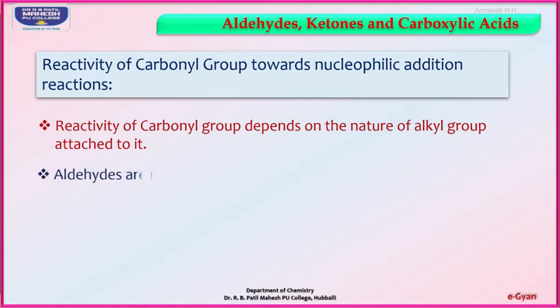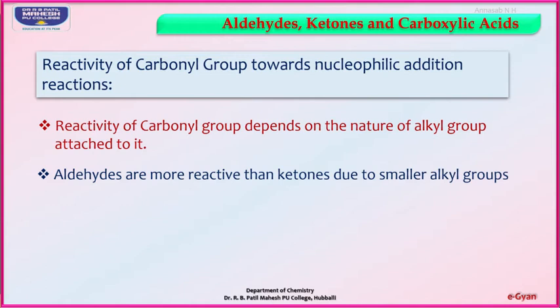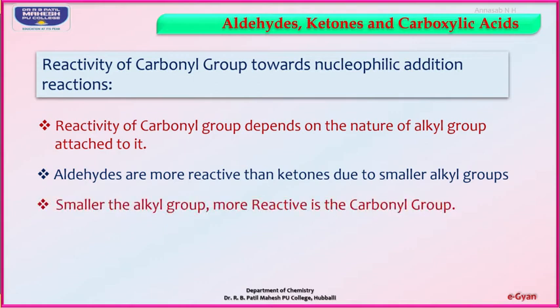So aldehydes are more reactive than ketones due to smaller alkyl group. As the number of alkyl groups attached to the C double bond O group in aldehydes is less, therefore the reactivity will be more for aldehydes compared to ketones. Smaller the alkyl groups, more reactive is the carbonyl group.